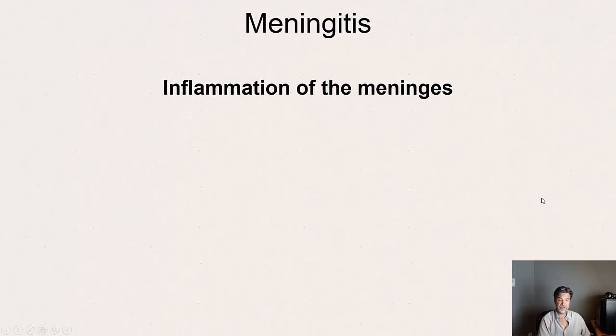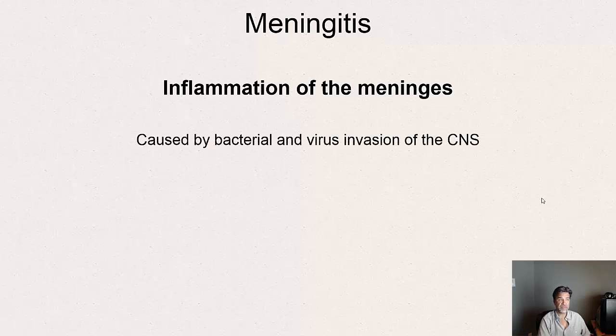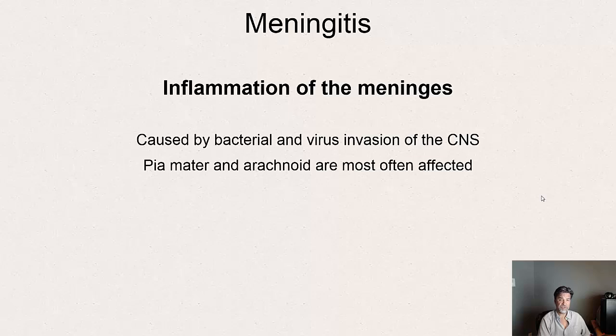Now, when you get inflammation in the meninges, of course, we can get a condition called meningitis. And it's caused by either bacterial or viral invasion of the central nervous system, and what it will affect, of course, are the layers of the meninges, most typically the pia and arachnoid. Now, if you have a choice of getting one, get the viral form, because the bacterial form is much more deadly, much more difficult to deal with.